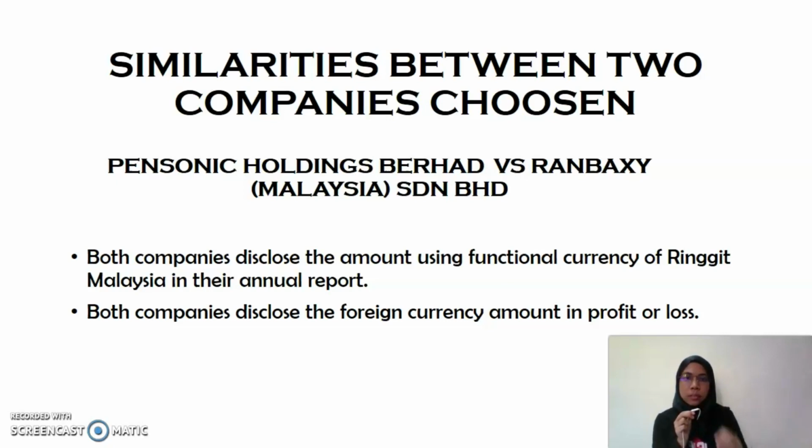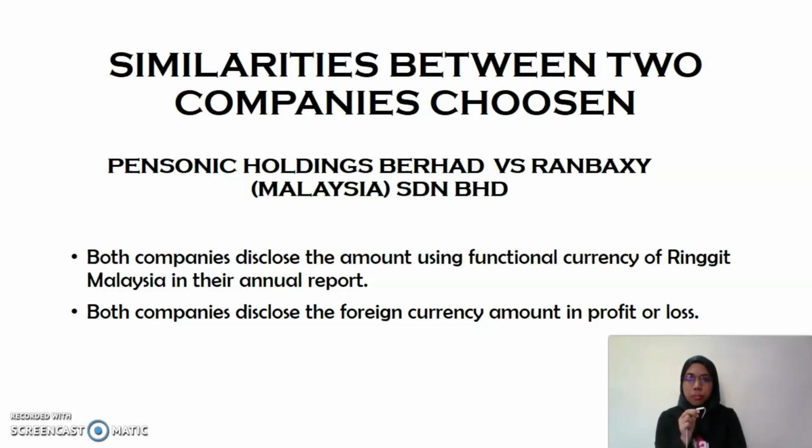This shows that Panasonic Holding Berhad complies with MFRS 121 and how they disclose the amount, and also Rambaxi Senior Berhad complies with the standard MPERS Section 30 on how they disclose the amounts of foreign currency.